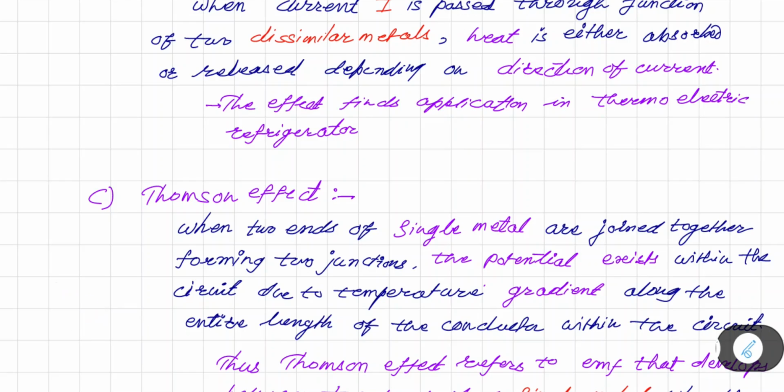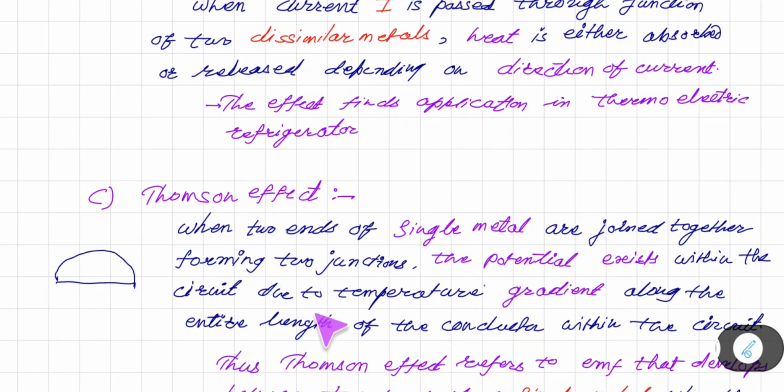Remember that this is a wire having a certain length L. If we connect both ends of the wire together, then the potential exists within the circuit due to temperature gradient, as the temperature from one location to another location of the wire is different. So a temperature gradient is there, and due to that temperature gradient along the entire length of the conductor, we observe that potential exists.